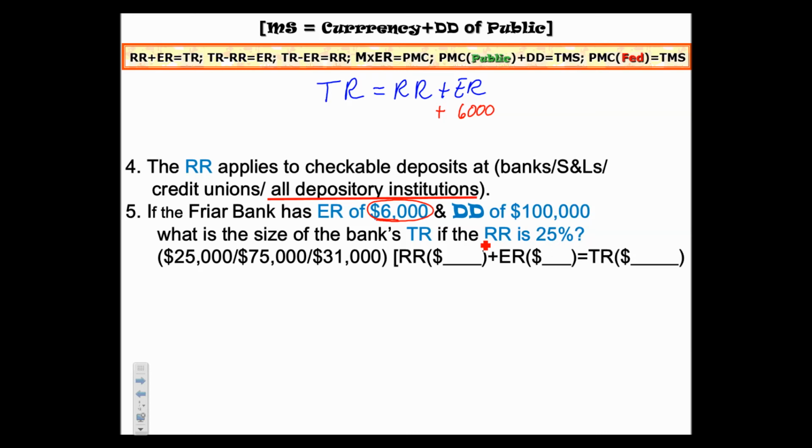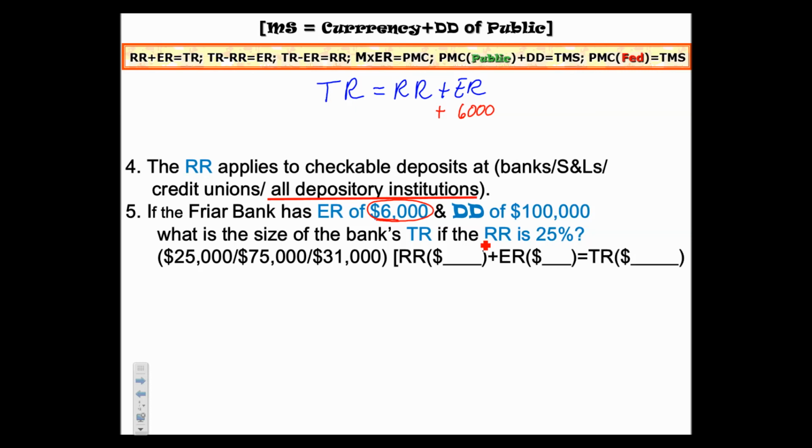Now here's something you have to keep in mind. That $100,000 may have at one point in time been all of the bank's cash and therefore part of total reserves. Today, though, it is not, because a lot of those deposits got loaned out.